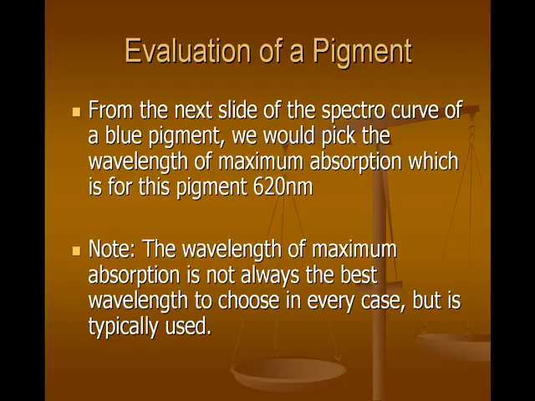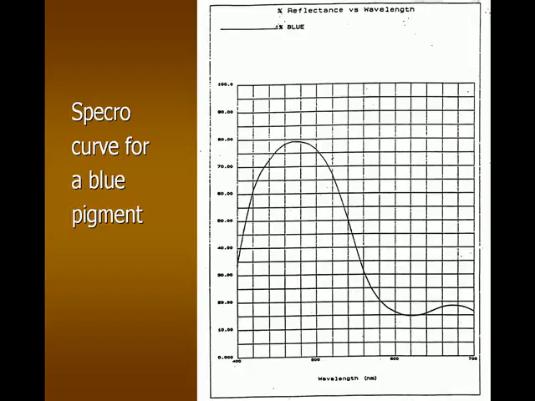Sometimes you have to try a few different wavelengths to see if they work better in a particular colorant situation. For our cases, we'll use the wavelength of maximum absorption. So here's our spectral curve, and you can see at about 620 nanometers is where we have our lowest point. So that's where we'll do our calculations.